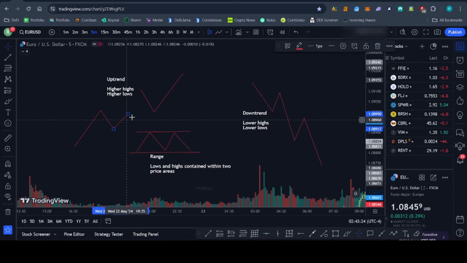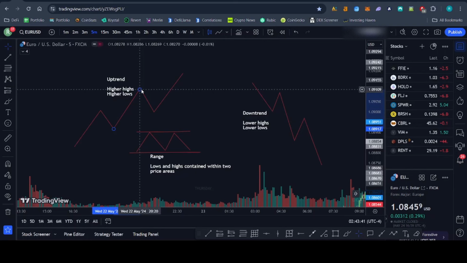From this point, we would likely expect that price may then enter into a range, or it might even flip and become a downtrend, because we haven't confirmed this leg is actually bullish, as we've not broken and closed above this high. If that doesn't make any sense at the moment, don't worry, I will go into it further very soon.